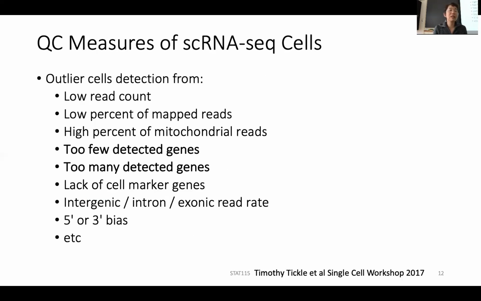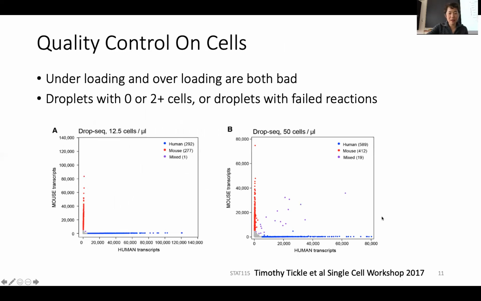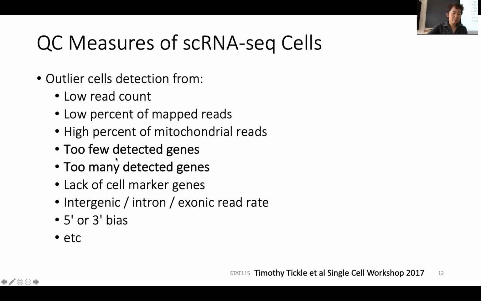So you can't really tell whether it's a mixing, like in this case. Therefore, the computational algorithms that we will be using show you overall a distribution of how many genes you are able to detect. And so you can decide a cutoff to say any cell that has maybe fewer than 500 genes, I'm not going to consider it.